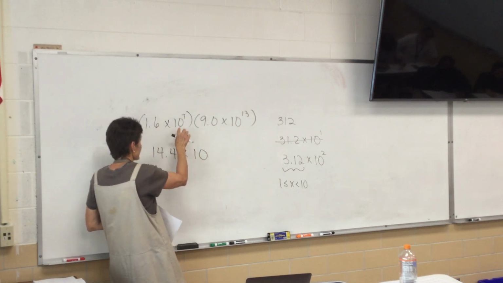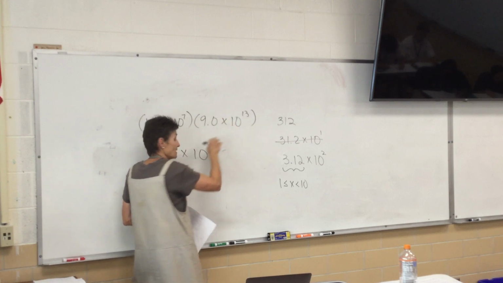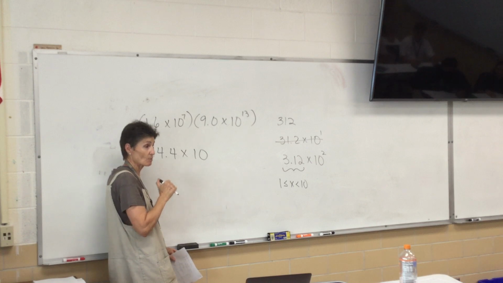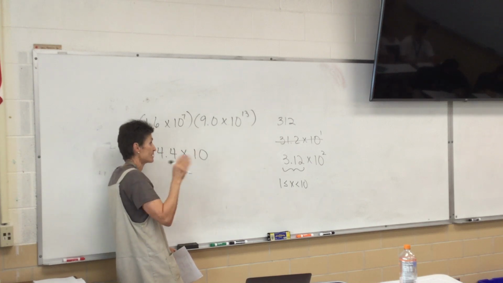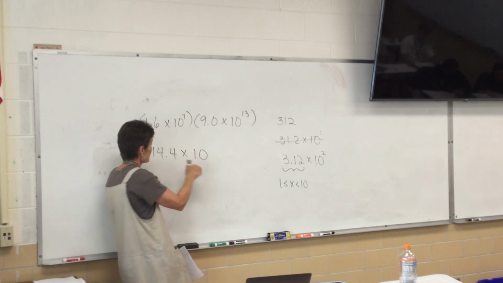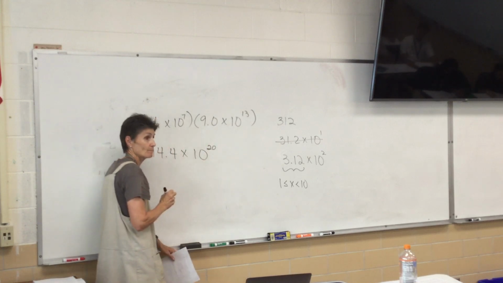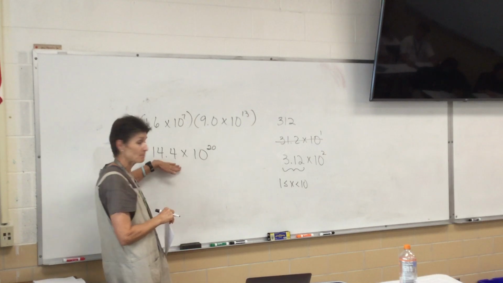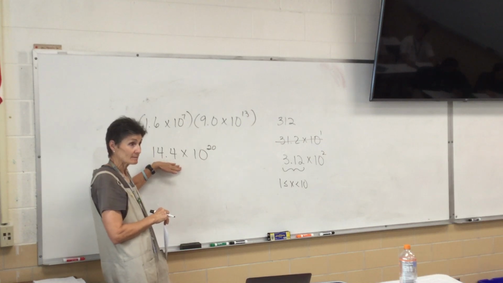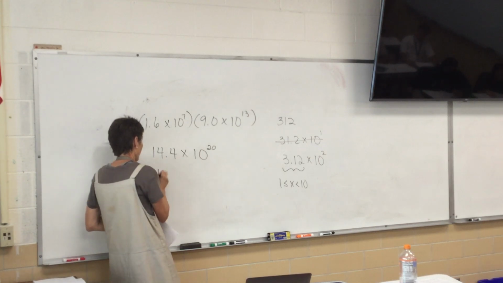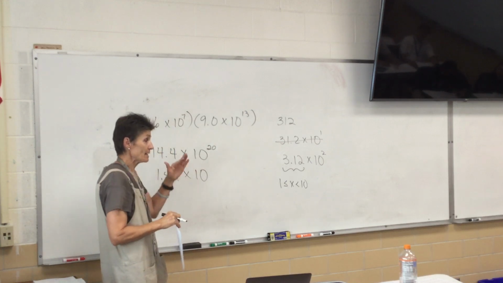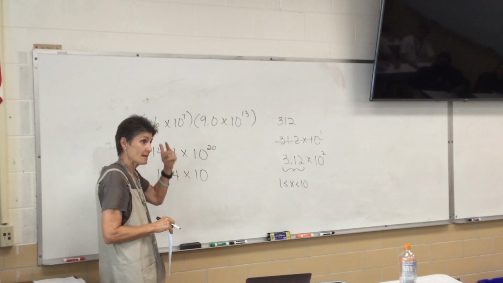And then, since this is a 10 to the 7th and that's a 10 to the 13th, we can just add the exponents because it's like x to the 7th and x to the 10th. So that's going to be 10 to the 20th power. And that's beautiful, except that. So that's got to be a 1.44. Now again, use your common sense.